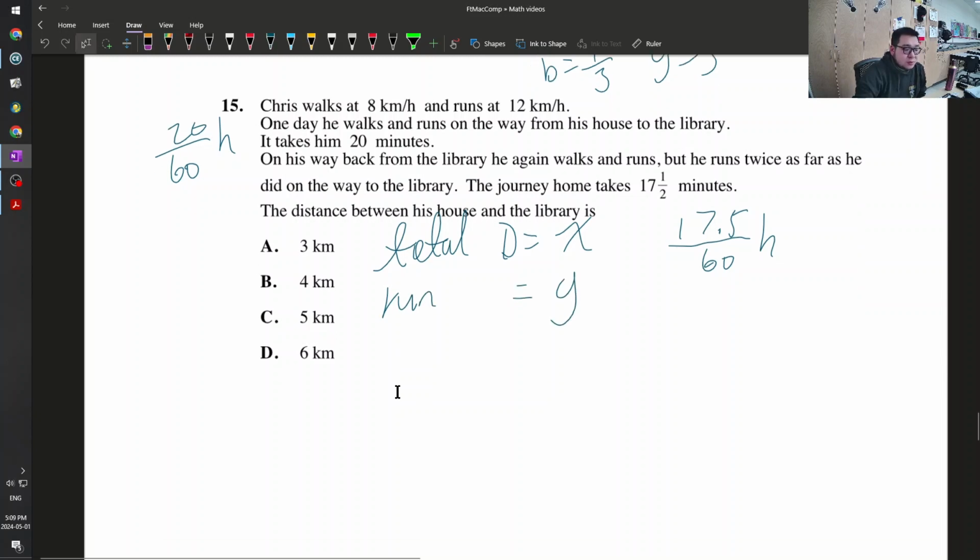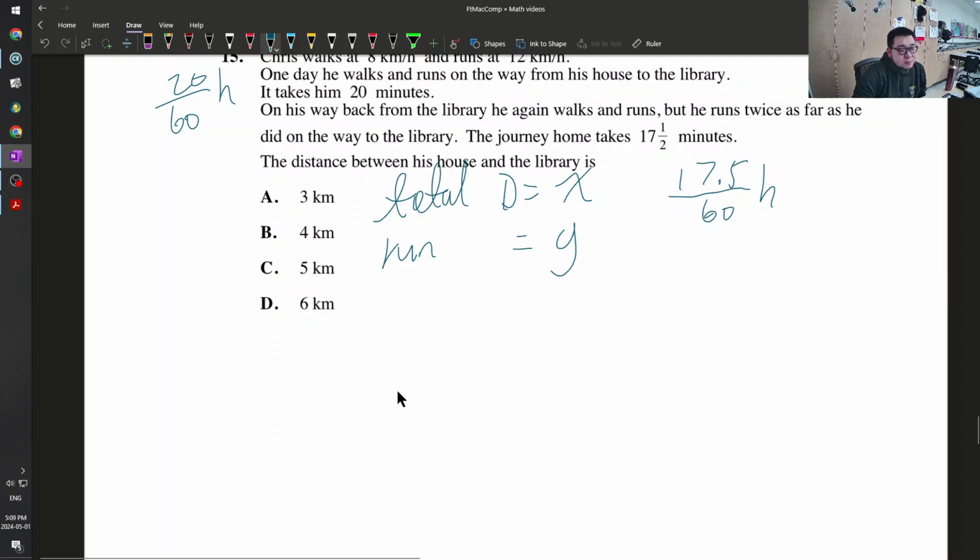Okay, so on the way there you have y distance divided by 12, plus the total distance minus the run distance. So x, you know what, we'll start over again. So total distance is x, the run distance is y.